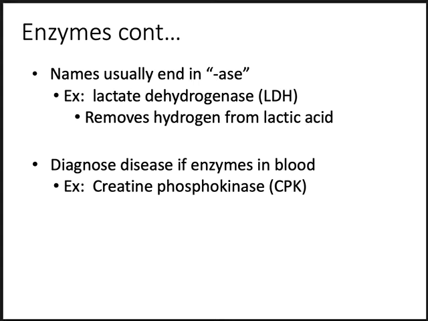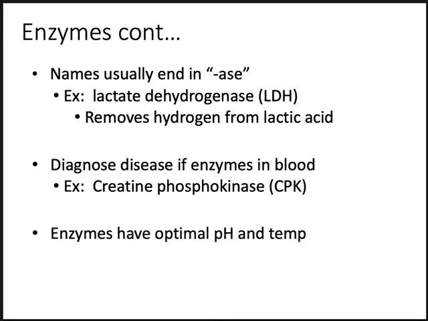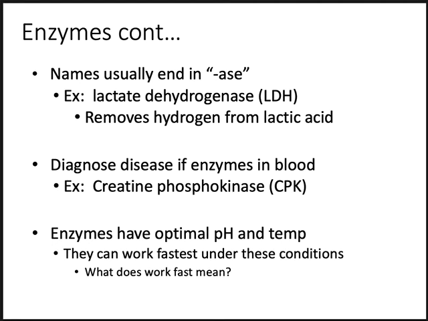Okay, what else? Enzymes, in order to function as quickly as possible, need to have a particular pH and temperature, and we call this optimal pH and optimal temperature. So they can work the fastest under the optimal pH and optimal temperature. So what does work fast mean?